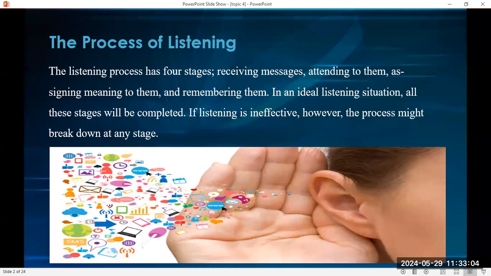Either they did not assign meaning to the message, or they did not attend to the message, or they did not remember your question. So there is a breakdown somewhere. That's why you are getting a very different answer to the question you had raised.